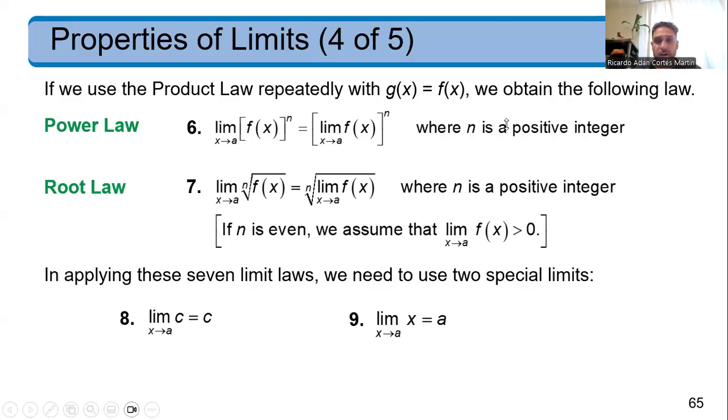So we obtain the following. The thing with these limits is that n has to be a positive integer.